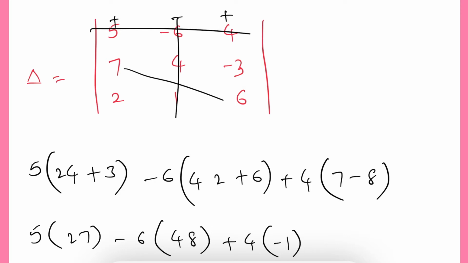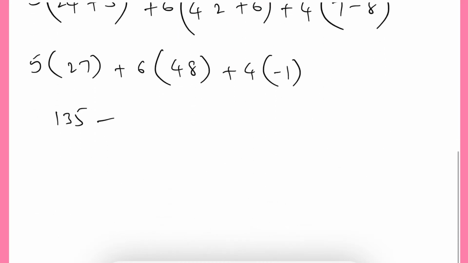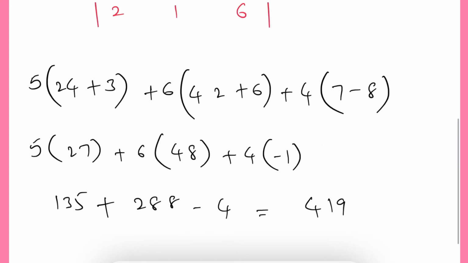Oh sorry, already minus is there, right? So minus into minus, plus 6, then plus 6. Okay, done. So plus 6 into 48 is 288, minus 4 ones are 4, so 135 plus 288 minus 4 is nothing but 419.